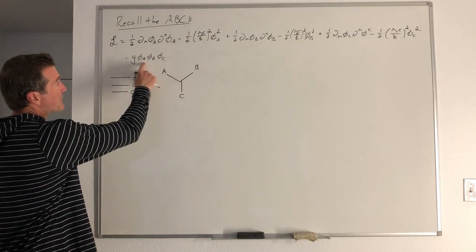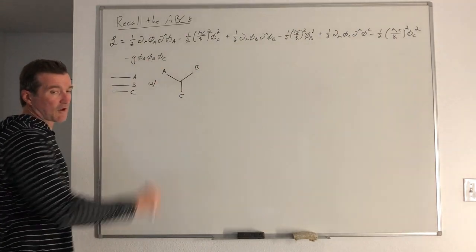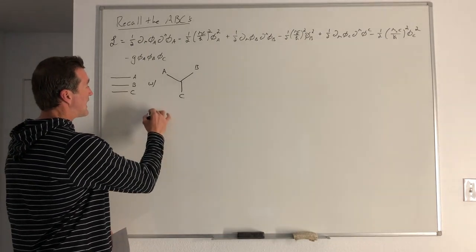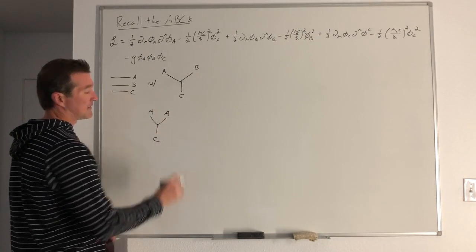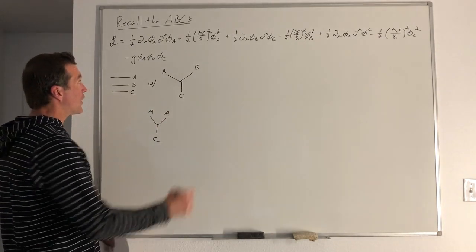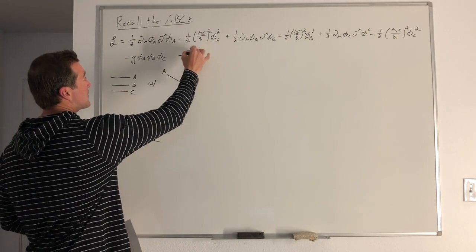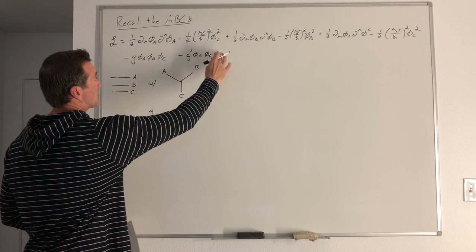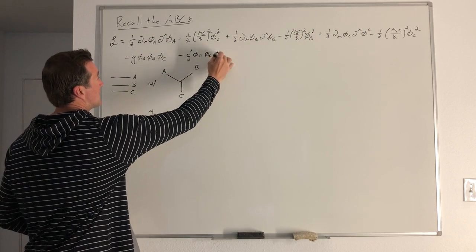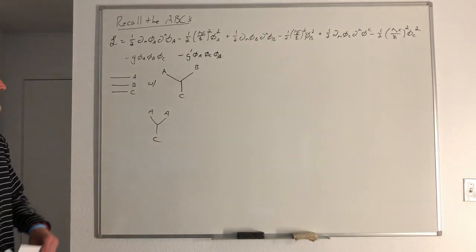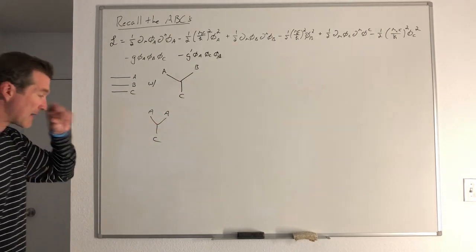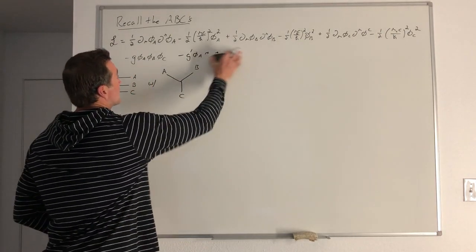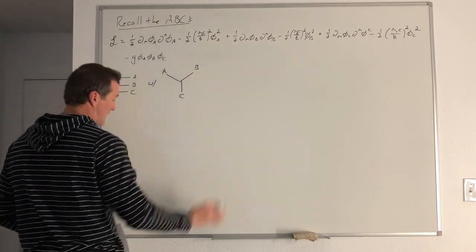This obviously comes from this term because it's the interaction of all 3 fields. Notice we don't have a vertex where it's A, A, C. We would if there was another term in here, or sorry, phi A, phi C, phi A. If we had this term, then we would have a vertex like that, but in our original version we don't have that, so we're not going to worry about it.